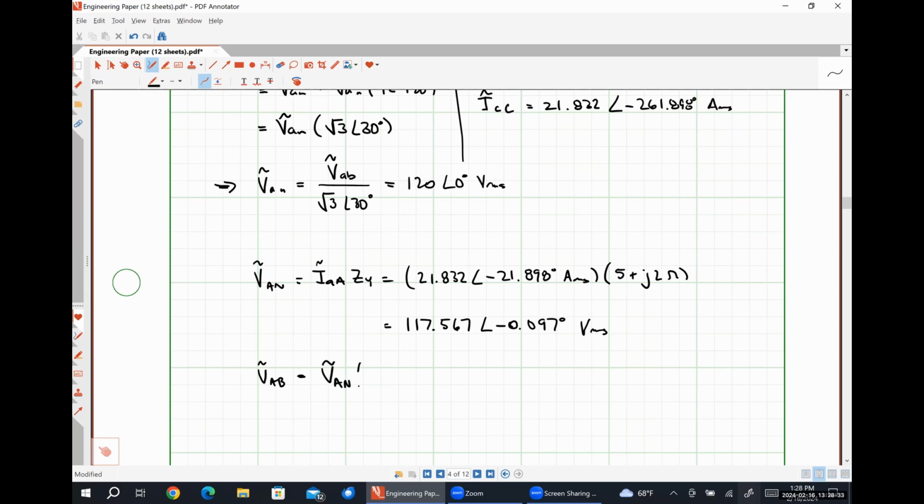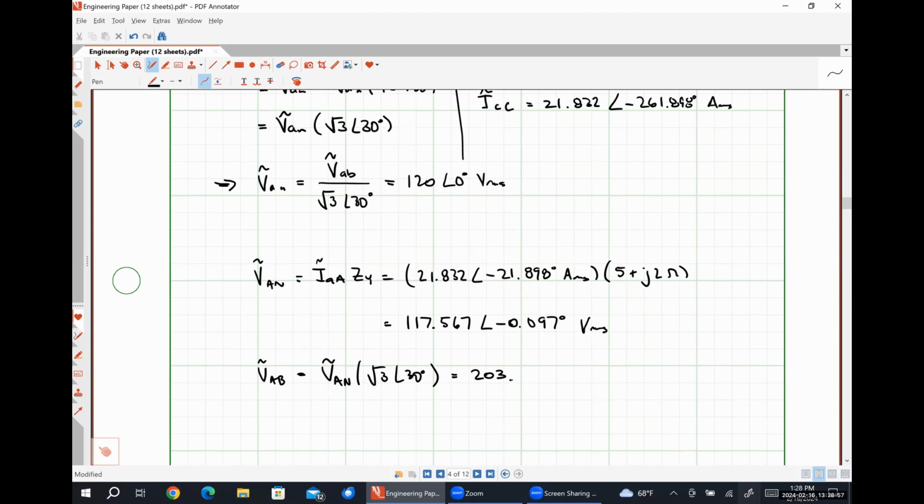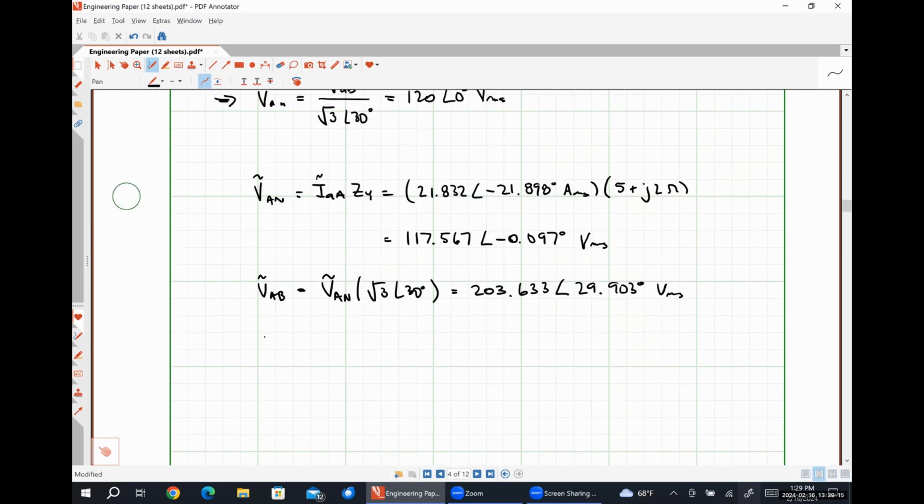So VAN times root 3 angle 30 gives me 203.63 angle 29.903 degrees volts RMS.